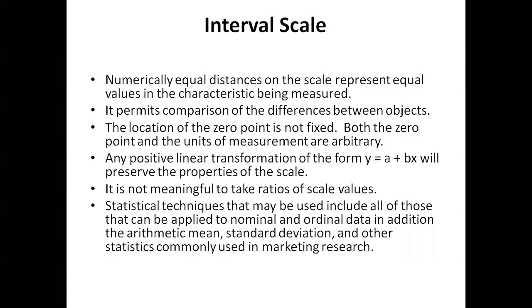Now let's go for the interval scale, which is a more improved version than the nominal and ordinal scales. Numerically equal distances on the scale represent equal values in the characteristic being measured. It permits comparison of the differences between objects. The location of the 0 point is not fixed. Both the 0 point and the units of measurement are arbitrary.